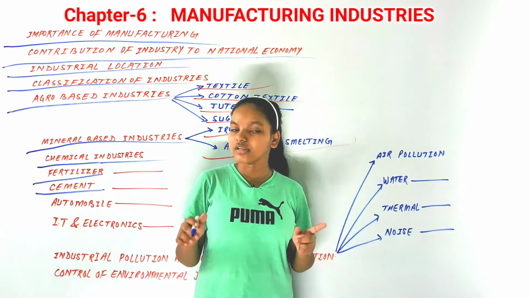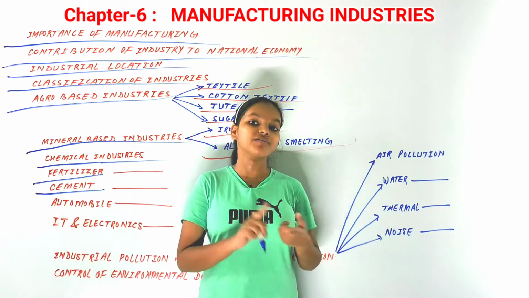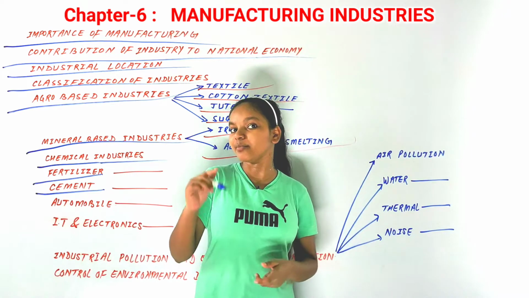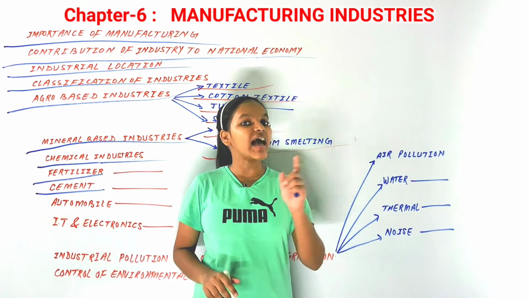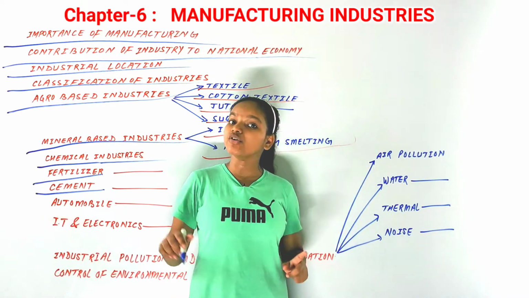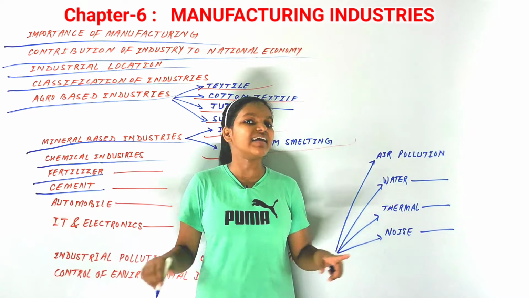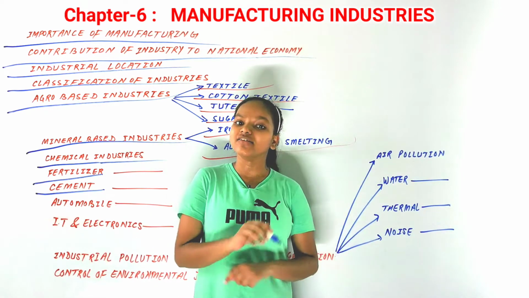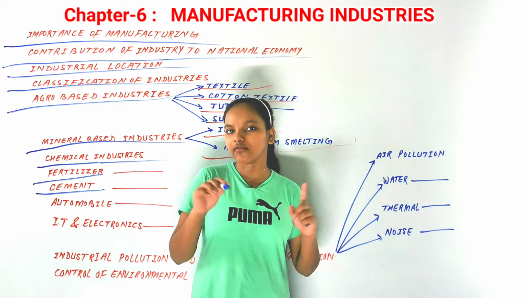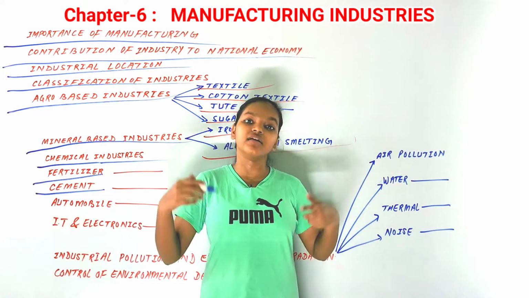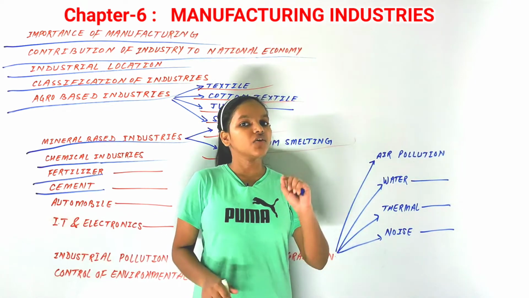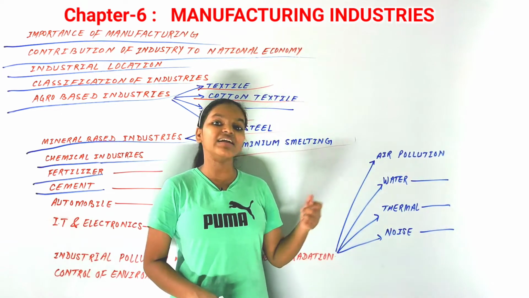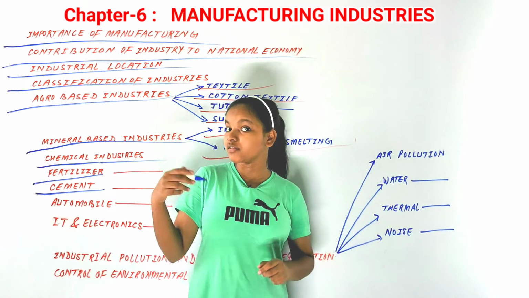The raw materials for the cement industry are limestone, silica, and gypsum, which are very bulky and heavy. The cement industry has gained a lot of popularity. There is a lot of demand for cement all over the world, in the international market as well. So cement is very important, and there are a lot of opportunities for the cement industry as well.